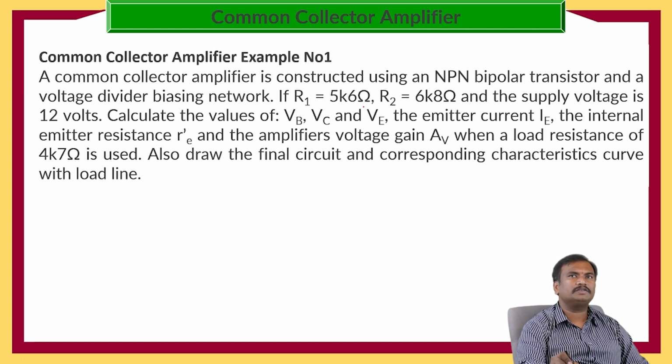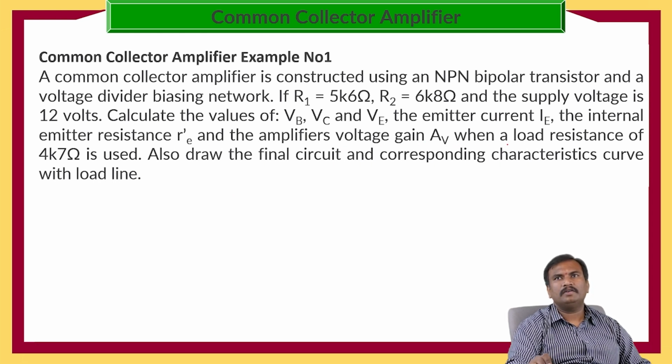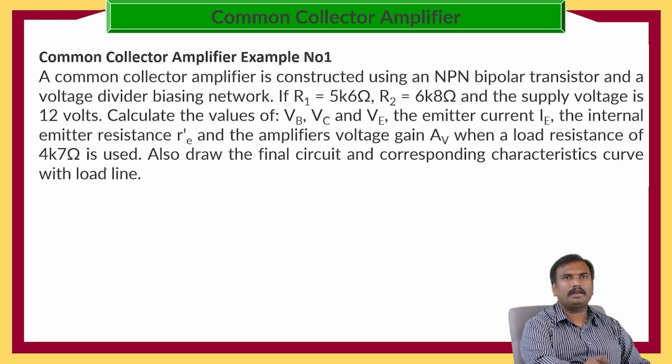If R1 is 5K6 ohms, R2 is 6K8 ohms and the supply voltage is 12 volts, calculate the values of VB, VC and VE, the emitter current IE, the internal emitter resistance and the amplifier voltage gain AV when a load resistance of 4K7 ohms is used.